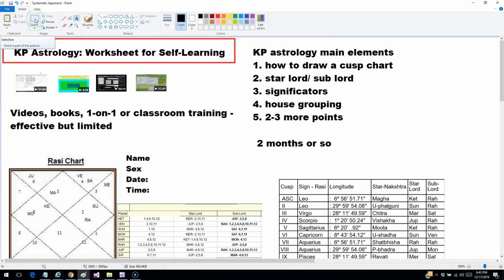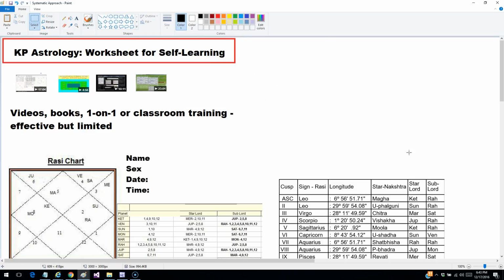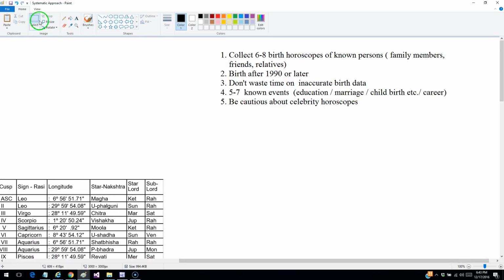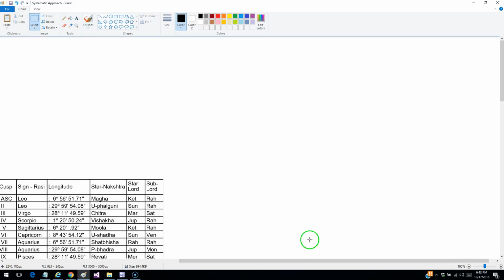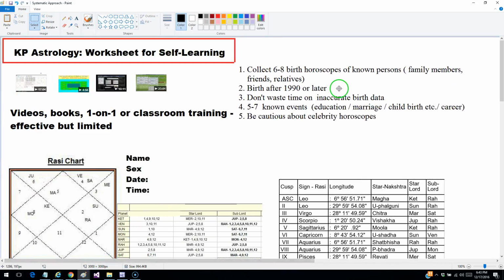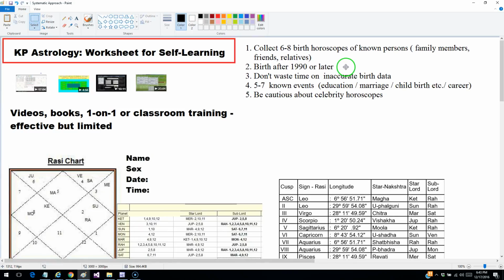So now the first thing is that when you start analyzing a horoscope, you have to rely on a very good horoscope with very good birth data. Because in Krishnamurti Paddhati, if you get a wrong horoscope, then your prediction and your analysis are all going to be wrong.